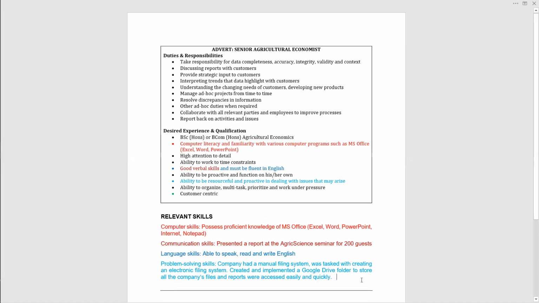So we are now going to look at the relevant skills section. This section is also quite simple. What you need to do firstly is look at your advert. What are the types of skills that your advert requires, or what types of skills are required in your new job?